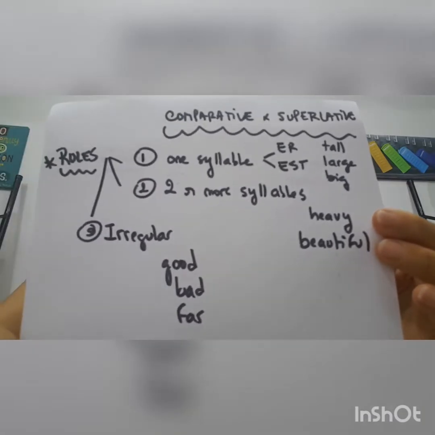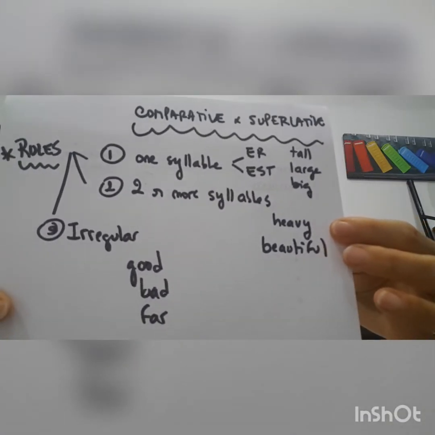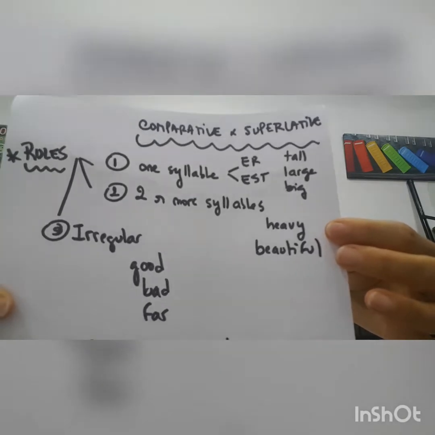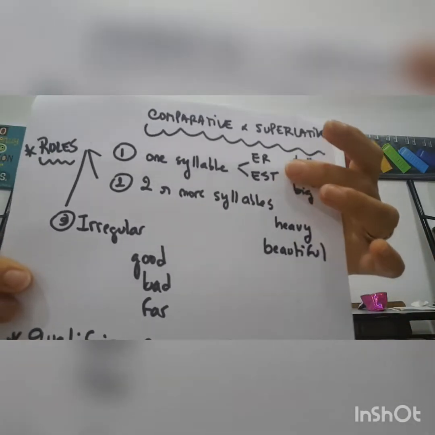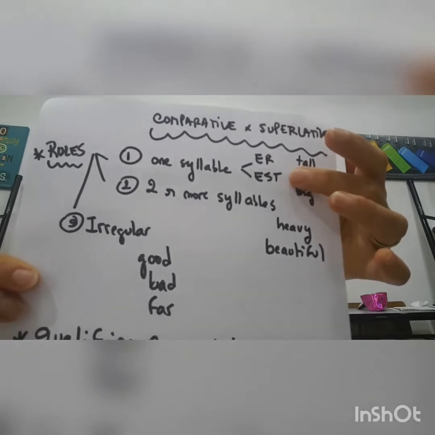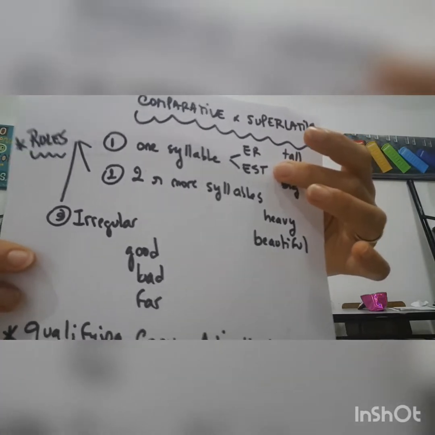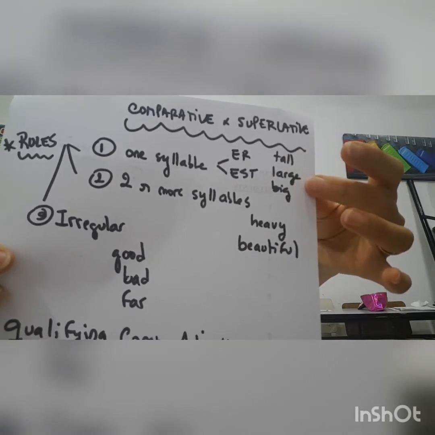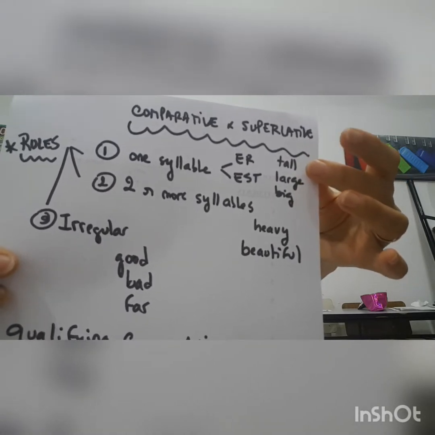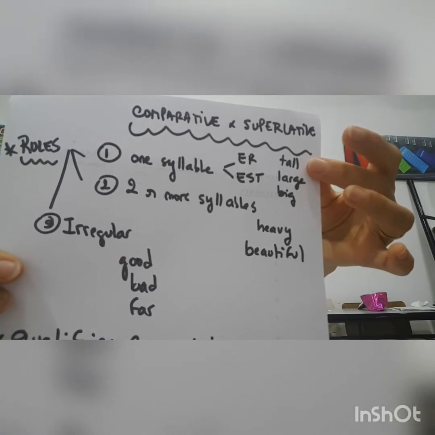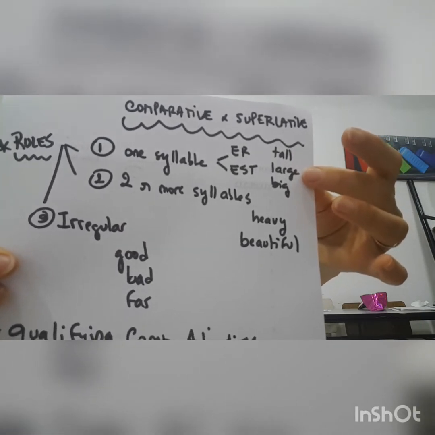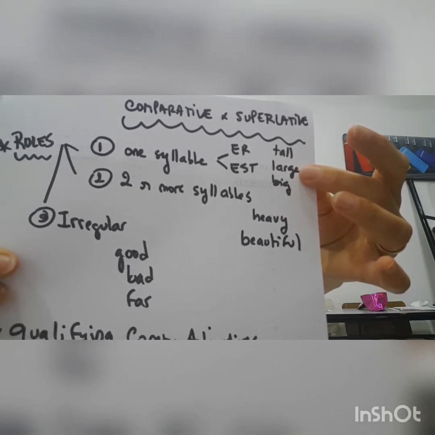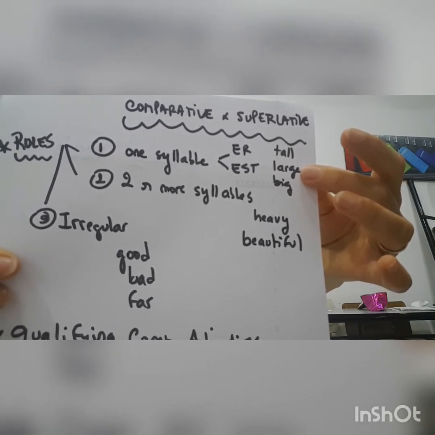So, rules. First of all, when the adjectives have one syllable, we make the comparative and the superlative adding ER or EST. Remember that. And I wrote 3 typical cases to exemplify. Tall, we add ER, taller. Large, yes, the adjectives finishing in E only add the R, larger.